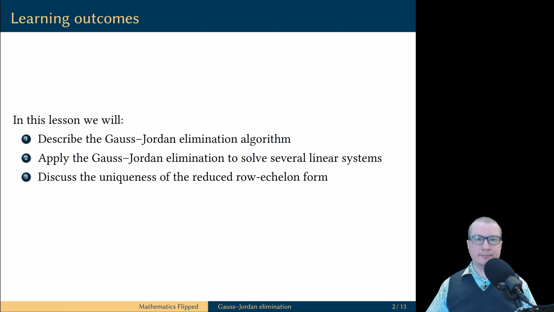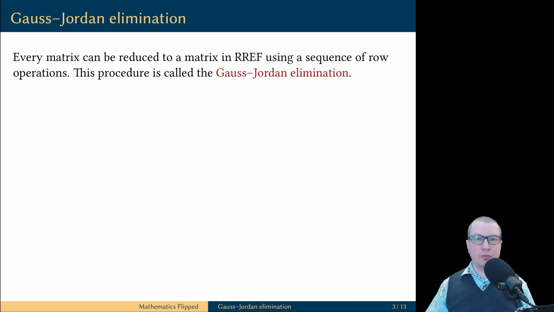Let's get started. Let's quickly recap what progress we made towards our goal of solving linear systems. We found an efficient way to represent linear systems by using augmented matrices. We proved that performing row operations on the augmented matrices preserves the solution sets of the corresponding linear systems.